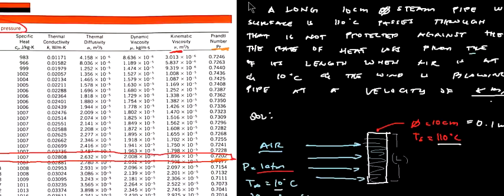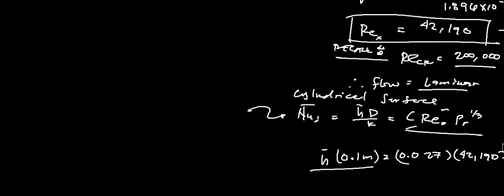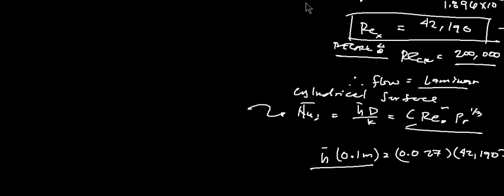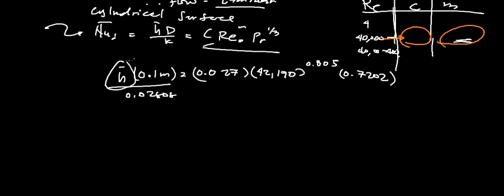Our k is 0.02808. Okay? And based from this, you can now solve for the value of our h by having some alterations of your algebra here.